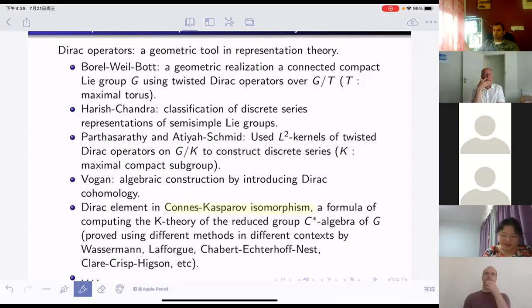And that isomorphism is to use something called Dirac induction to calculate the K-theory of the reduced group C*-algebra via some index of some Dirac operator.